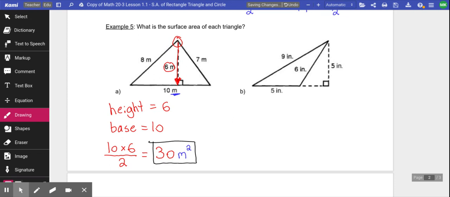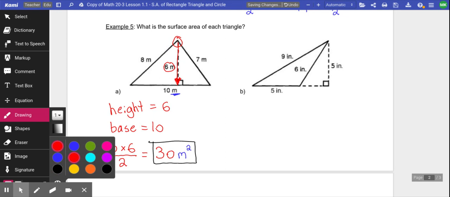Okay, so we're looking at B. I'm going to try to find the height first. The height should always be connecting to a peak. There's a peak with a line that's connecting to it. I would say that the height is 5. That's a weird one, right? But it has to come out of a corner and then kind of be straight down somewhere.